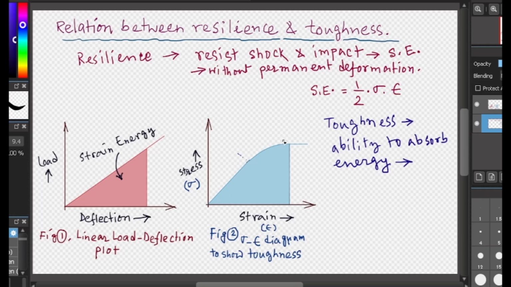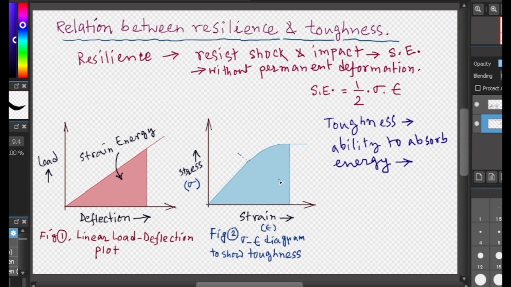The difference between resilience and toughness may be noted from figure 1 and figure 2. So clearly you can see the difference between resilience and toughness. In resilience it is within the elastic zone, and for toughness it is in both the elastic and inelastic zones.